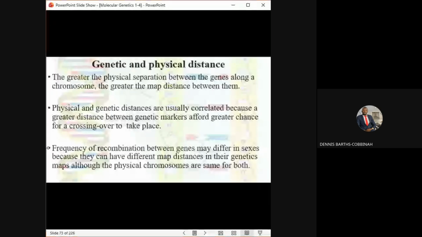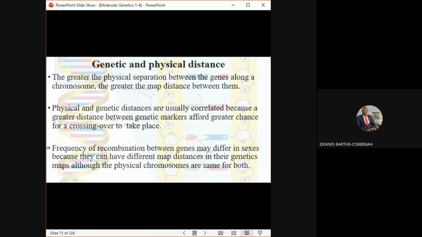Genetic markers, I said, are genes whose sequences are known, and their location on the chromosome is also known and quite stable. So if you check the distances, if they are quite wide apart, you have crossing over most likely to occur.